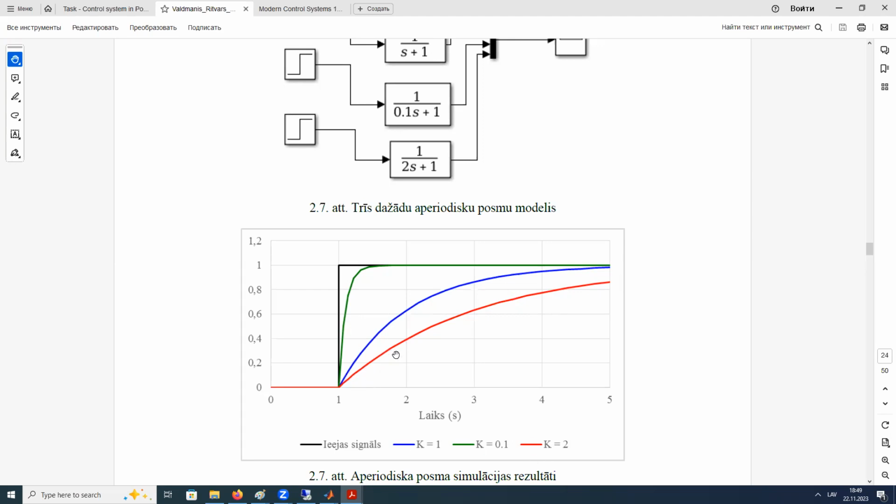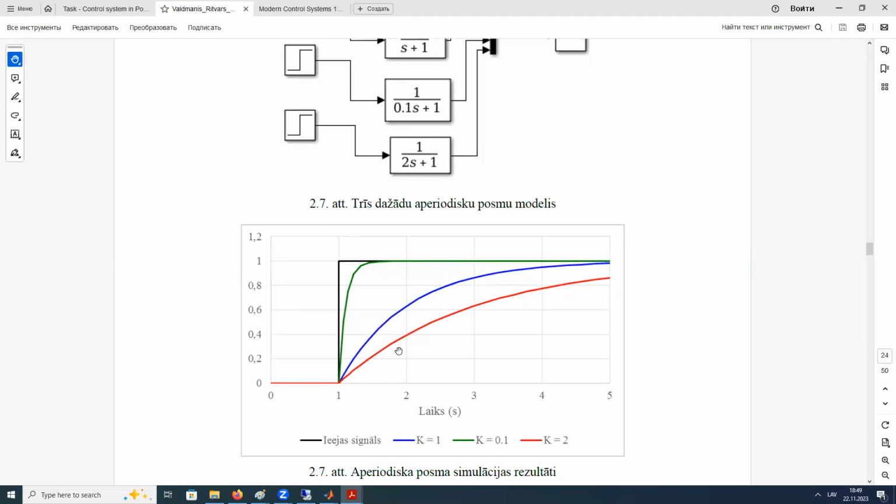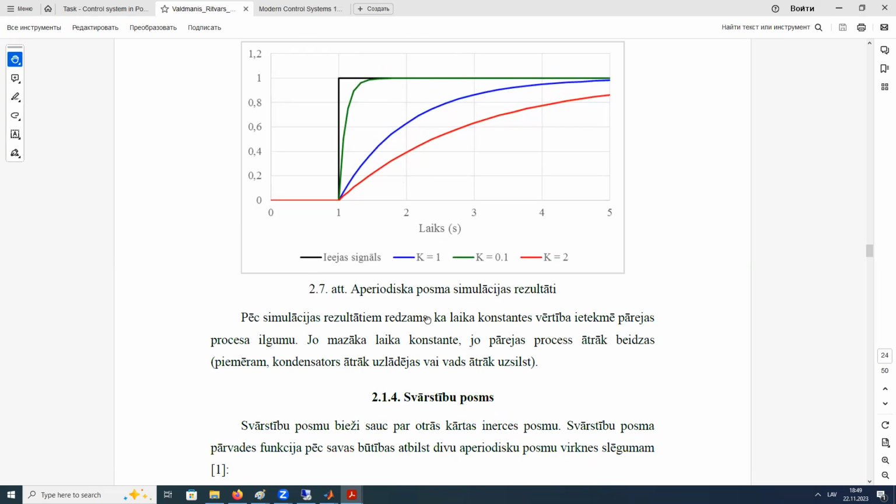If we see the red curve, we could see that it will reach the input signal, but in a time of, it looks like, 8 or 10 seconds. So whatever happens, the aperiodic block will make the output signal similar to the input signal with a time delay and the trip like an aperiodic one.